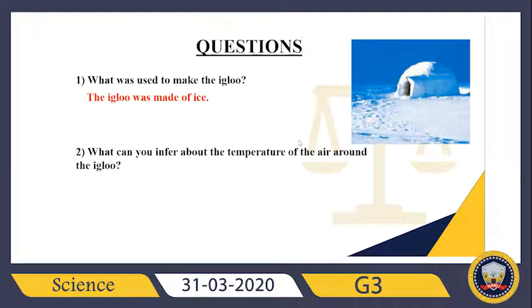It must be cold enough that the ice does not melt, right? So if you see an igloo, I can say it's so cold because there is ice here. If it will be hot enough, it will melt. But right now, ice does not melt.